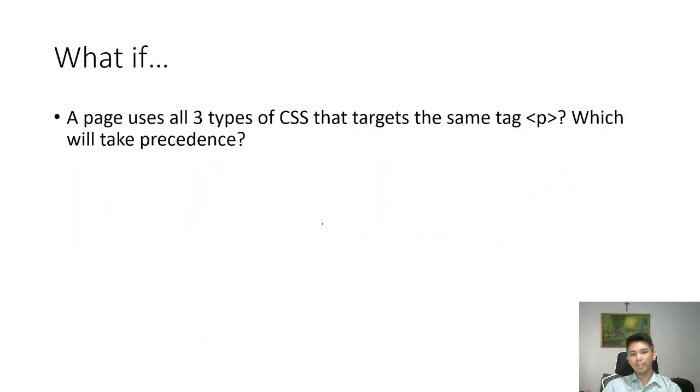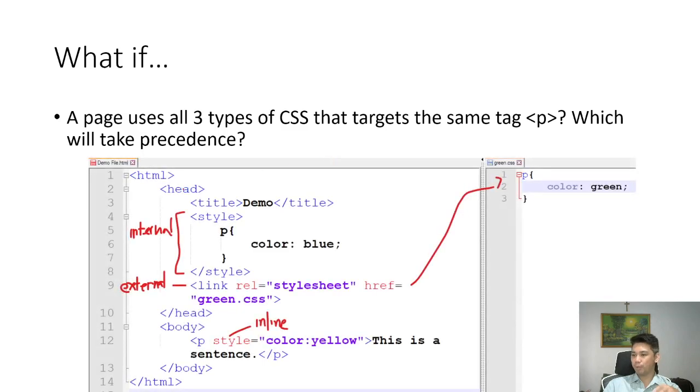Now, what if, guys, a page uses all three types of CSS that targets the same tag, for example, a paragraph tag, which will take precedence? What will be used? Let's look at this example. I have here an internal CSS.